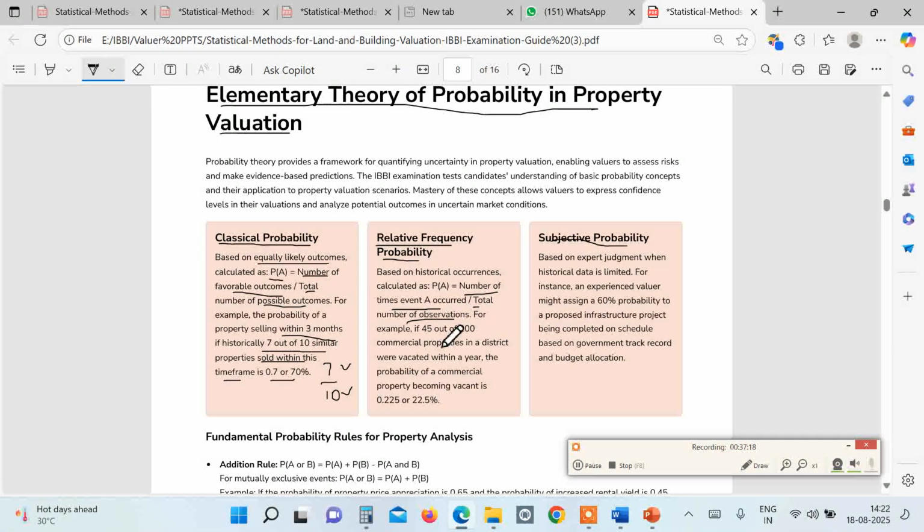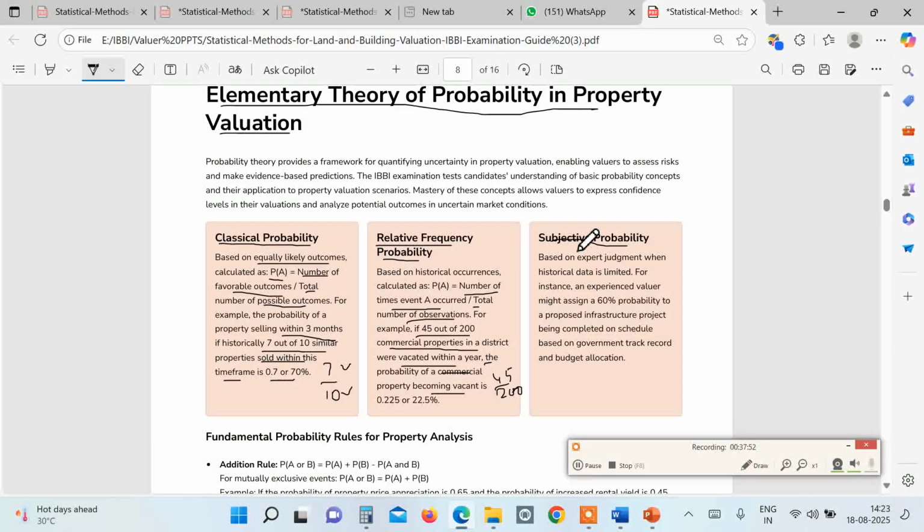For example, if 45 out of 200 commercial properties in a district were vacated within a year, then the probability of a commercial property becoming vacant is 45 divided by 200, which means 0.225 or 22.5%. So this is relative frequency probability. Third one is subjective probability.